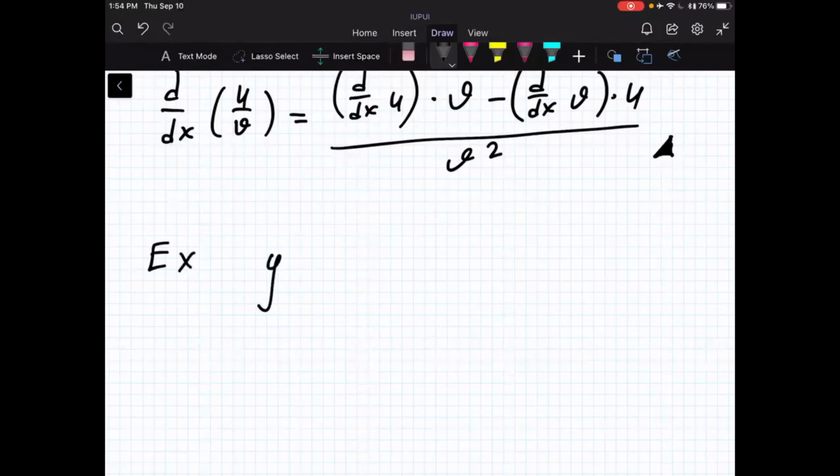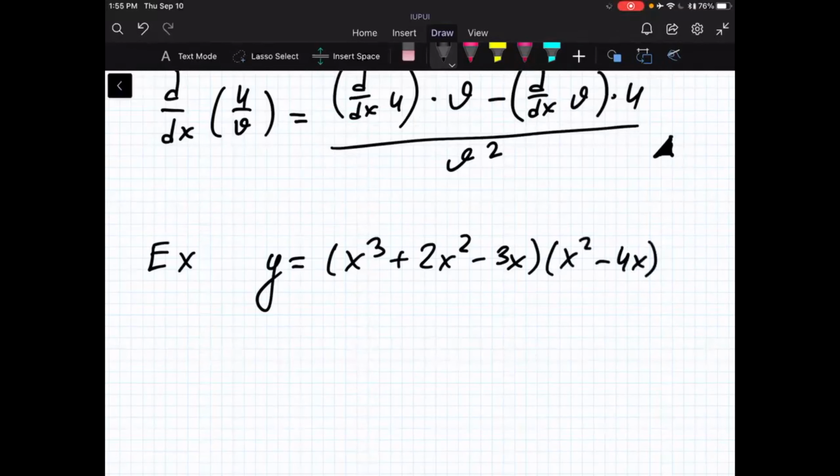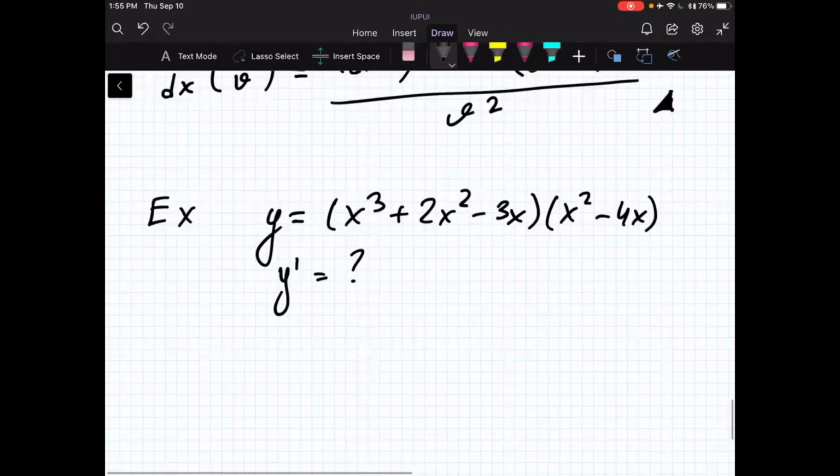So suppose you have a function y, which is x cubed plus 2x squared minus 3x times x squared minus 4x. One way to find the derivative is straightforward. You first multiply these two factors, and then you get a polynomial of the 5th degree, and then you differentiate.